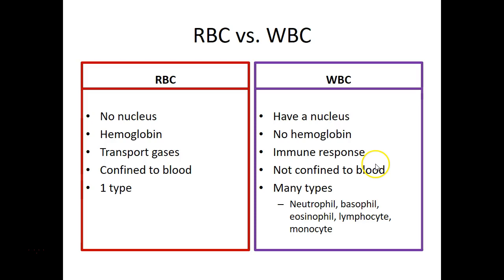These red blood cells are confined to the blood compartment, and there's one type. White blood cells are leukocytes. They're involved with the immune response. They can leave the bloodstream compartment to the surrounding tissue if need be. There's many different types. Never let monkeys eat bananas. All right? Make sense to folks?